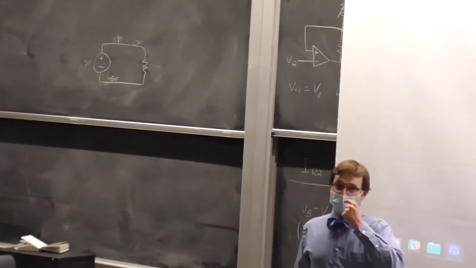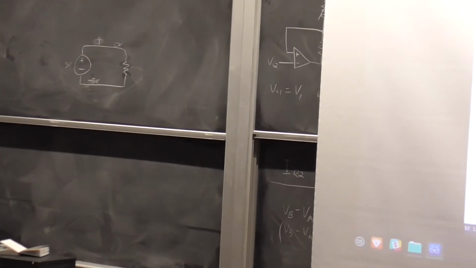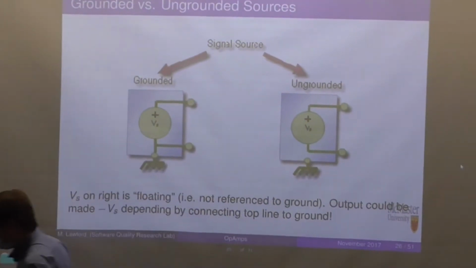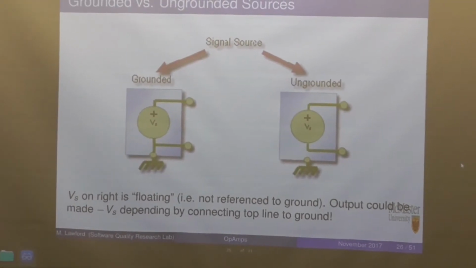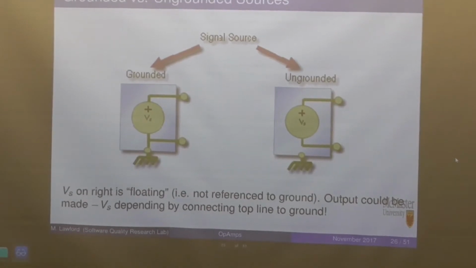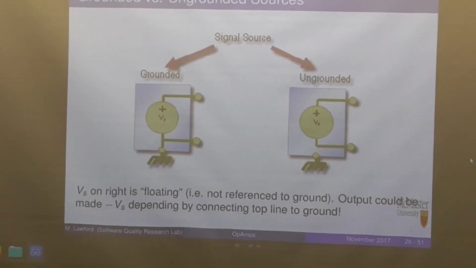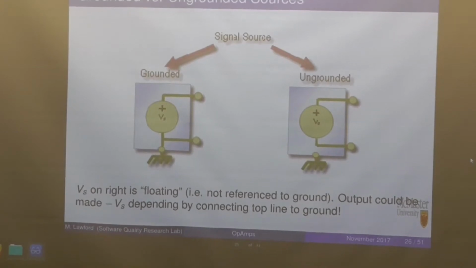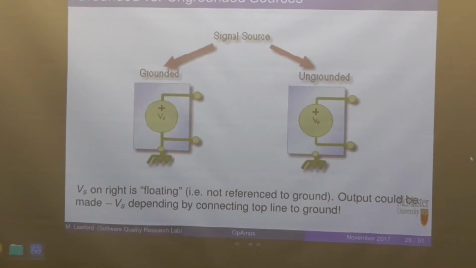It turns out that it matters how things are grounded. In actual physical reality, two things considered to be ground might not actually be ground relative to each other. So if you have an instrument over here and an instrument over there, and both are connected to a ground, it depends on what connected to ground means.